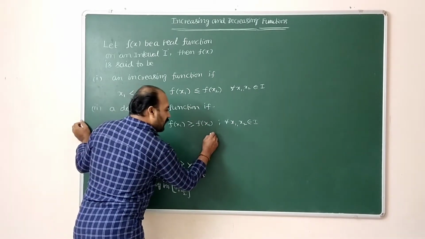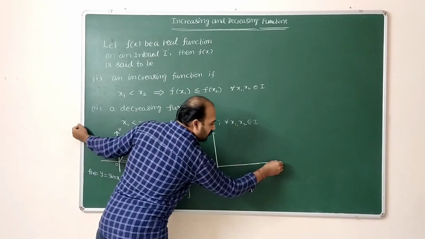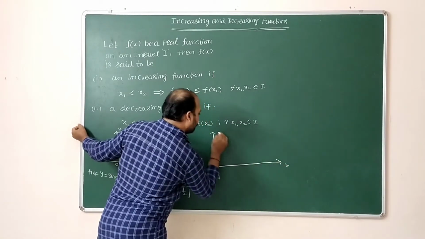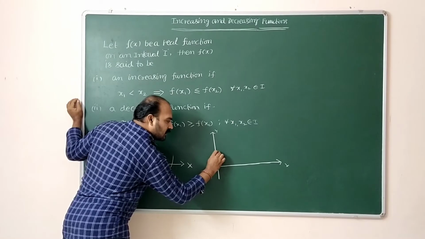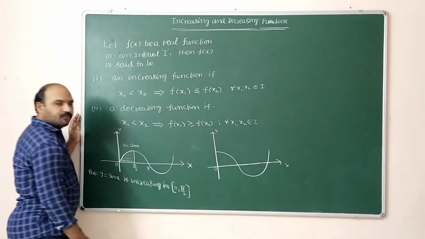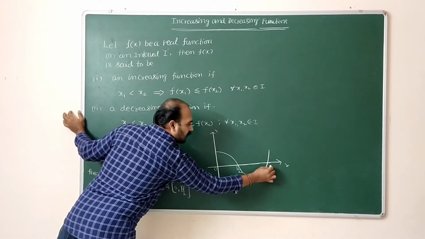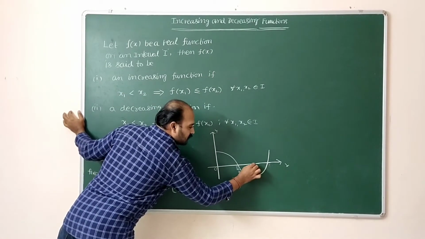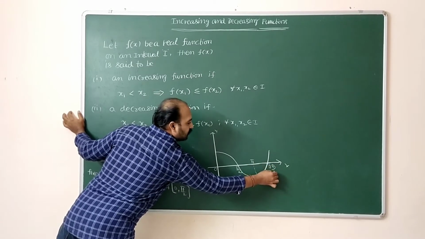And the second diagram, we can observe the second figure. Here I am drawing the cos x curve. The cos x curve is not passing through the origin. Like this the curve will be. So this is 0, this is pi by 2, this is pi, and this is 3 pi by 2.